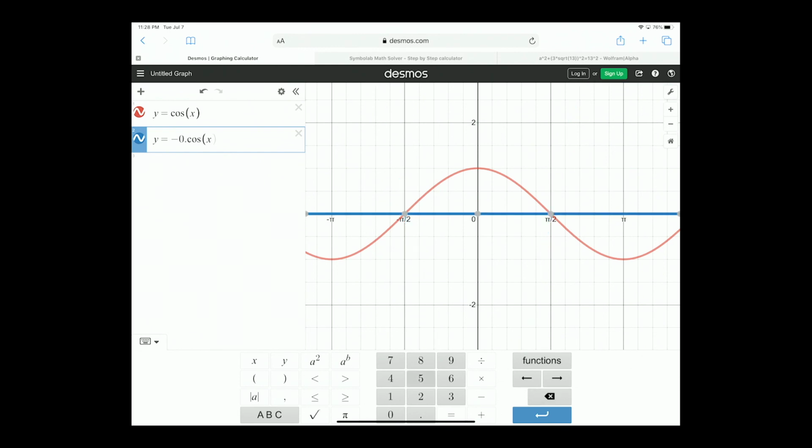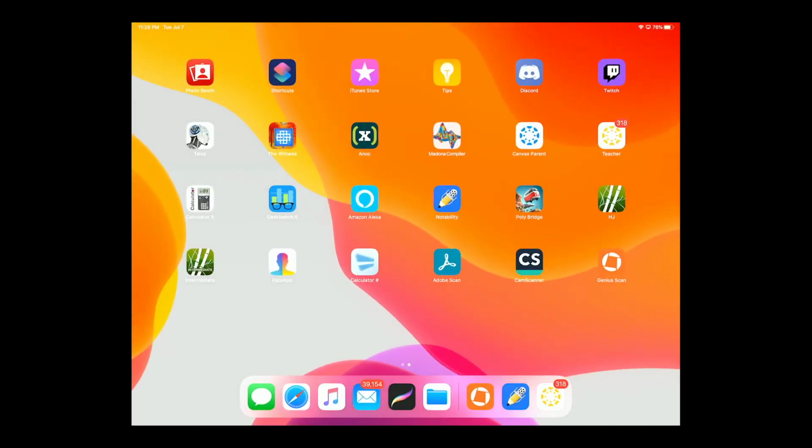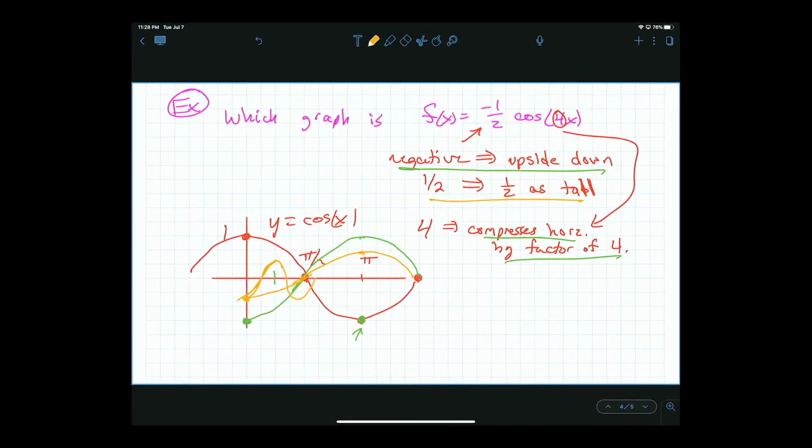So now it's half as tall. And then if I put a 4 here, it'll make it 4 times as skinny. There it is. So upside down, 4 times as skinny, half as tall. And that's it. That's the graph. So if you were looking at 4 to choose from, it would be easy to pick the right answer. So again, use the resources available to you. Use a computer for these.